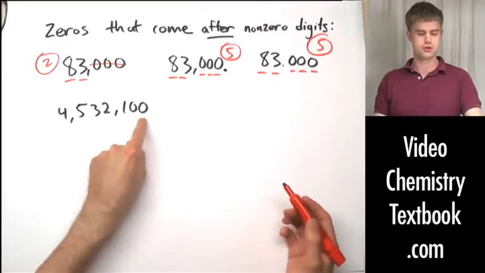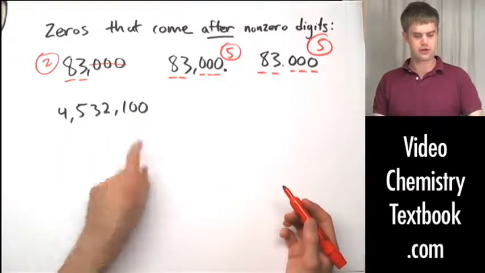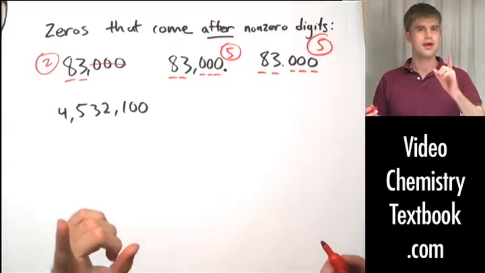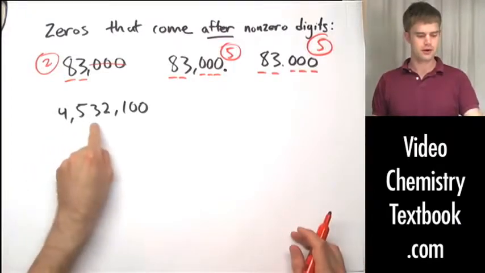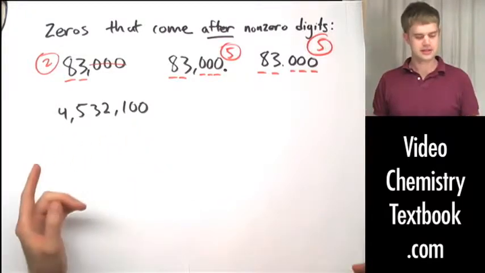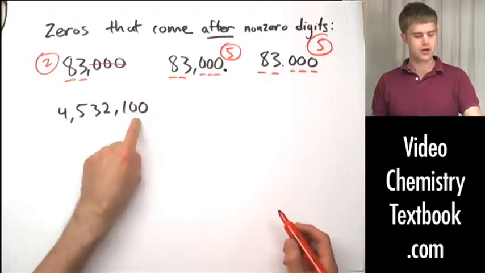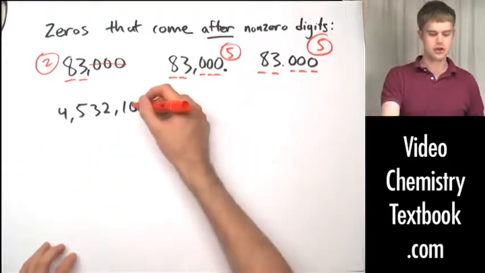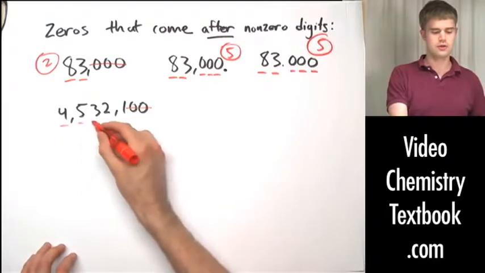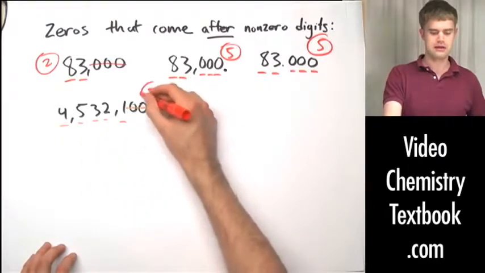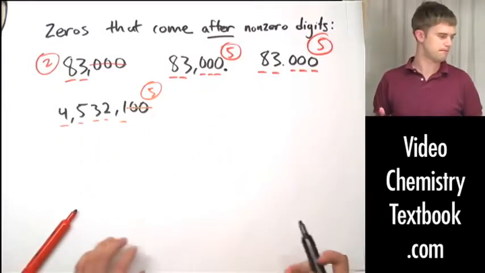There are some zeros to the right of these non-zero digits, so we ask ourselves, is there a decimal place in the number? No, there's not. And since there's not, these zeros to the right of the non-zero digits are not significant. 1, 2, 3, 4, 5 is the correct number of significant figures here.